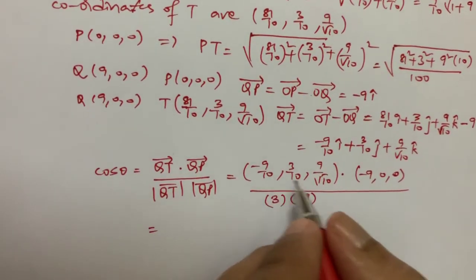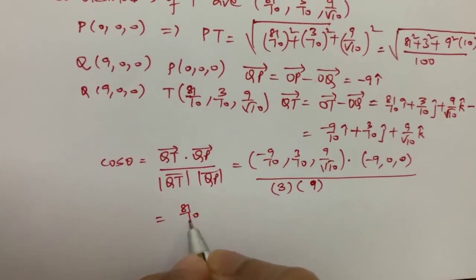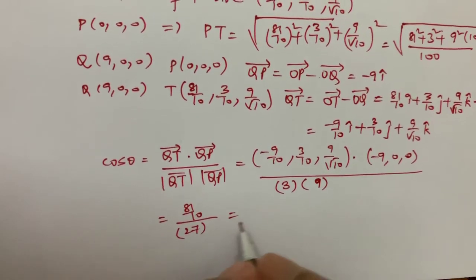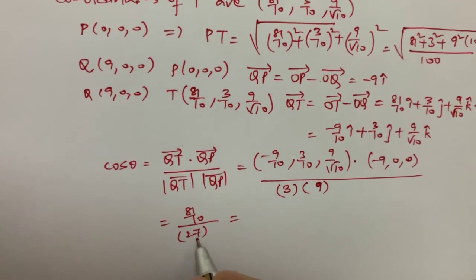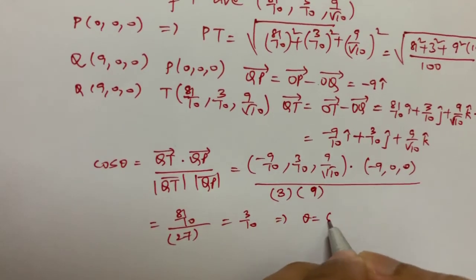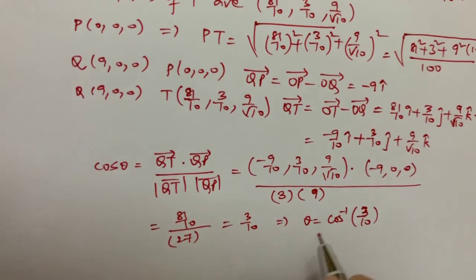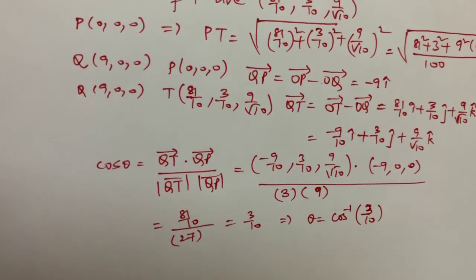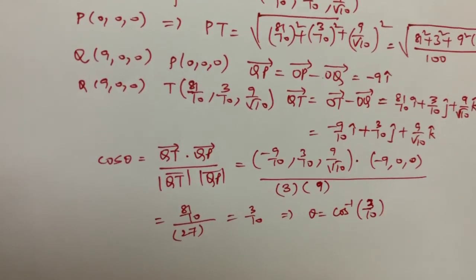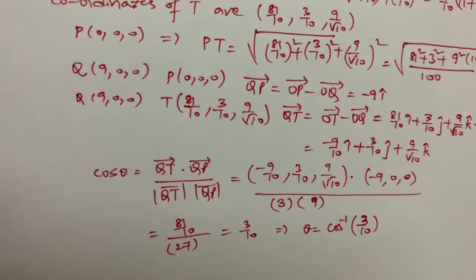So this is minus 9 by 10 into minus 9, which is 81 by 10, divided by 27. 27 threes are 81, so 3 by 10. So theta is equal to cos inverse 3 by 10. So the angle between QP and QT is cos inverse 3 by 10, and the coordinates of T we can calculate using the foot of the perpendicular from R to the line QS.